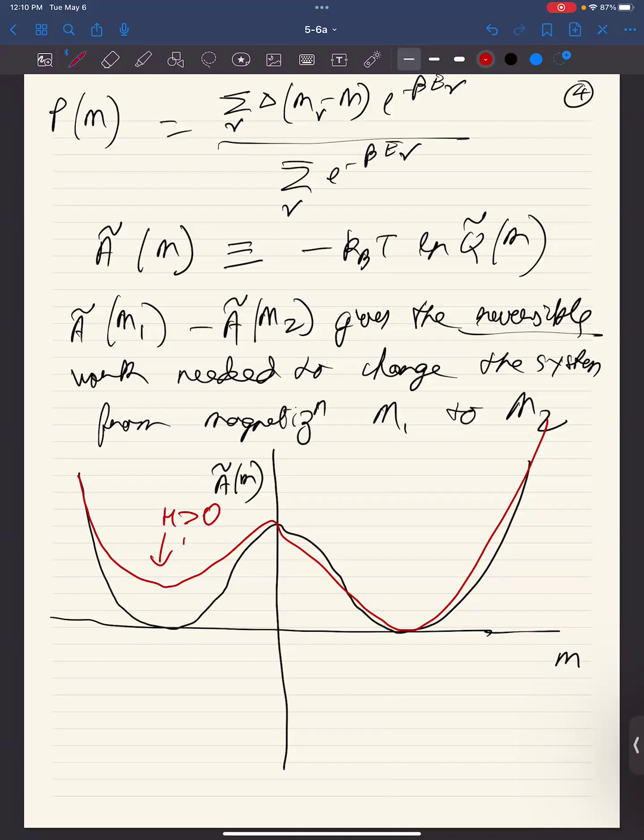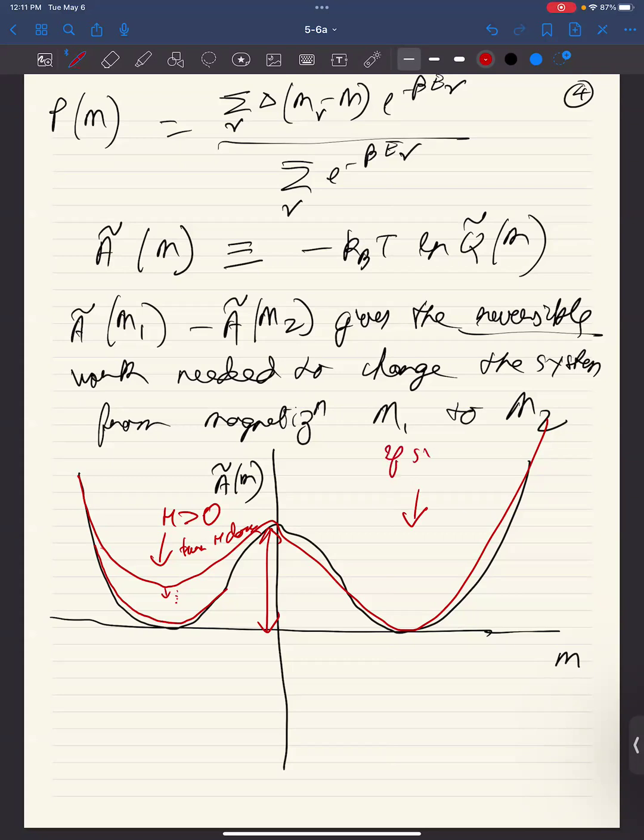Now, if we turn H down, what that will mean is this curve will start coming down, right? But as it comes down, it will still have some value, right? The hero of this problem is this barrier. If you brought it down and you trapped your system, let's say you prepared your system in the positive external magnetic field scenario, then what does that mean?